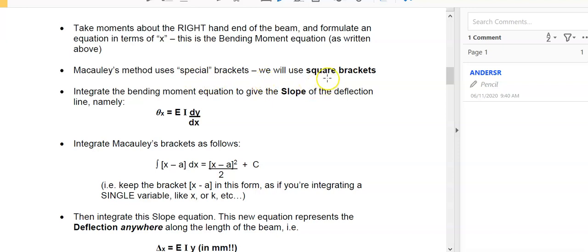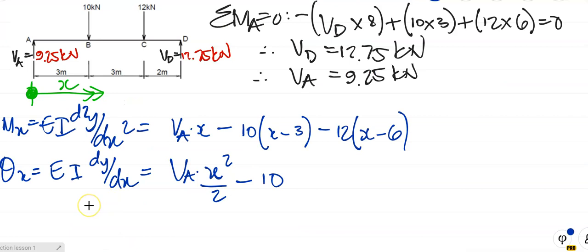We will be using square brackets. When we integrate this, we keep this here. We don't separate it, we don't multiply that. We keep this as if it was a single variable. So it's x minus 3.